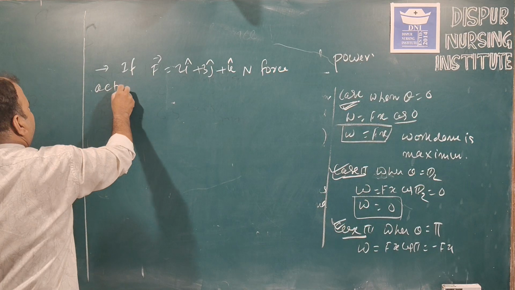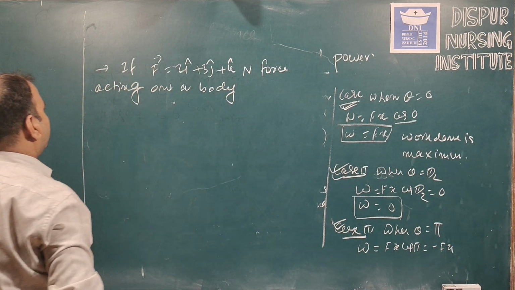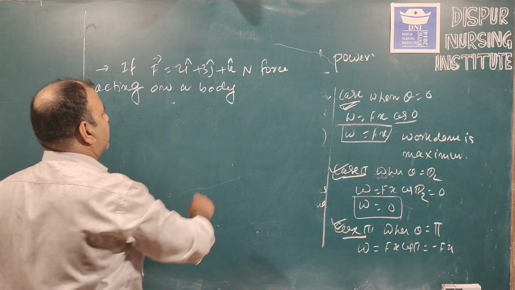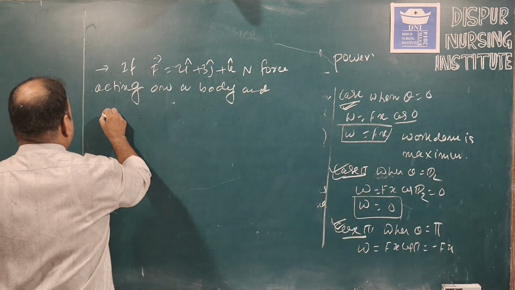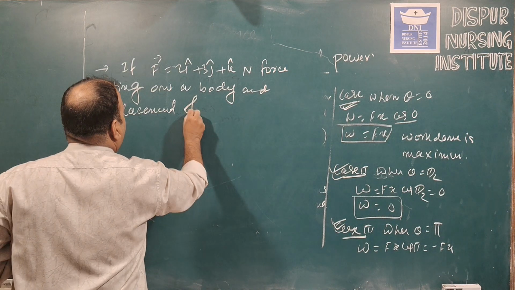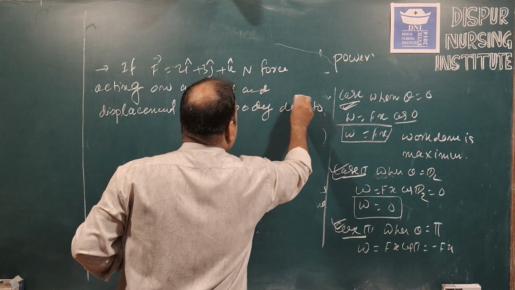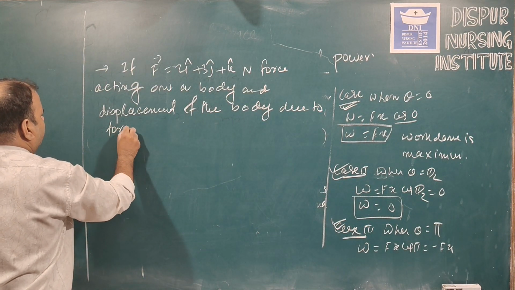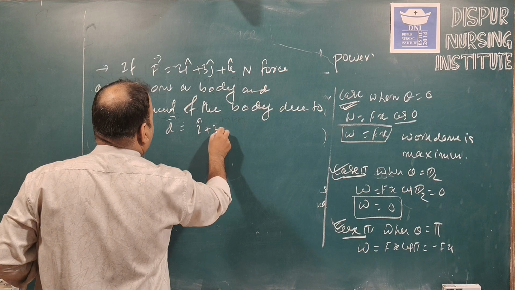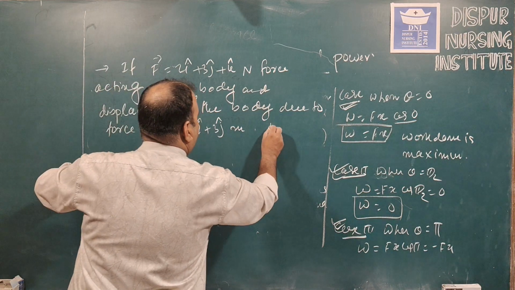acting on a body, and the displacement of the body due to the force is I cap minus J cap plus 4 K cap meter.